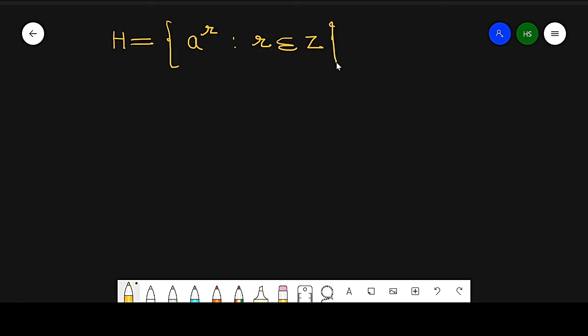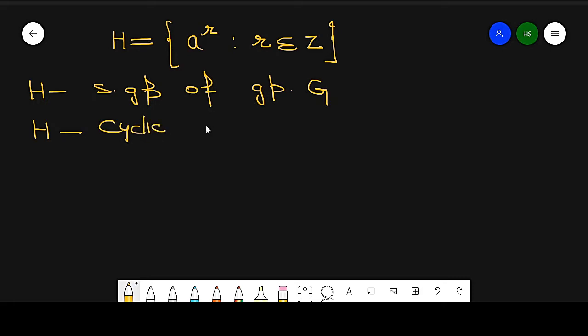We already proved in the previous part that this is a subgroup of G. Because it is generated by a, we can also say that it is a cyclic subgroup of group G and the generator is a.